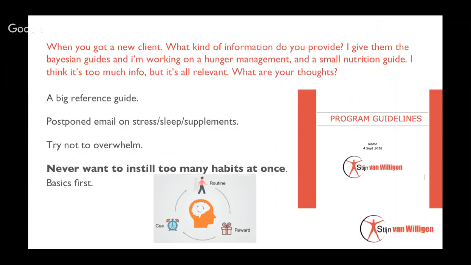It's just a big, I think like 20 to 30 page document where everything is outlined, all the tips, the executions for the workout, the structure for the workout, nutrition, overall tips, stuff like that, well-being, etc. And they don't have to read all of it at once, which I also state in the email, but they have to read through it and scan through it before they start asking questions. So they can always go back to that document when they are confused or they forgot how to do something.